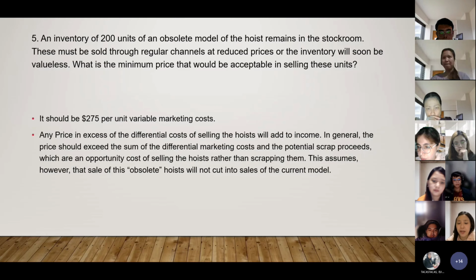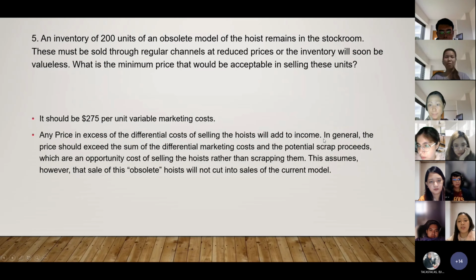So this price corresponds to a break-even price for those 200. We just want to cover the marketing costs and the potential scrap proceeds, which are an opportunity cost of selling the hoist rather than scrapping them. This assumes, however, that the sale of this obsolete hoist will not cut into sales of the current model.